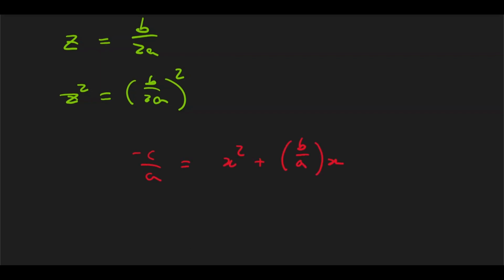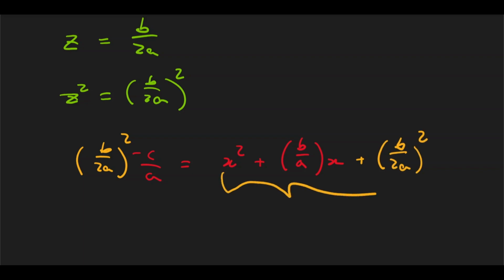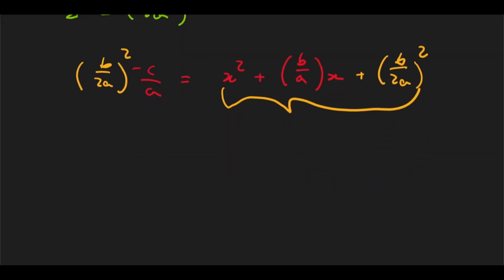So if we can add on b over 2a squared, right, then we can collapse this whole right-hand side down into x plus b over 2a, squared. And this is where the algebra becomes a lot easier, because then we can just take the square root from both sides and subtract b over 2a from both sides, and we're just left with x, which is what we want. I might stop here for the sake of time because the algebra is really straightforward.